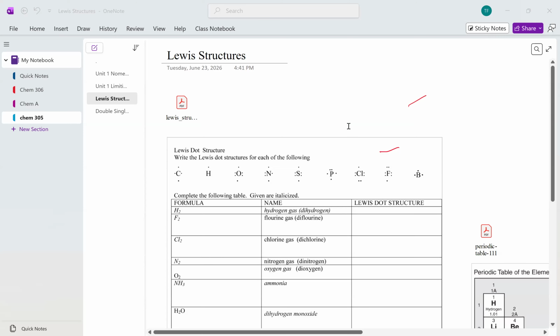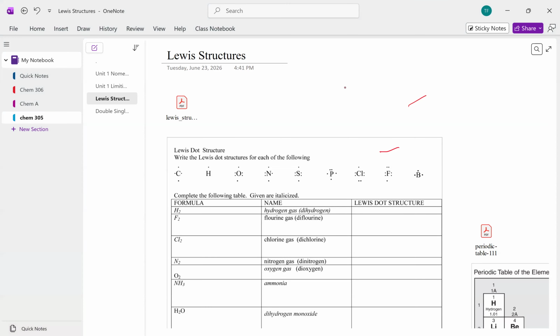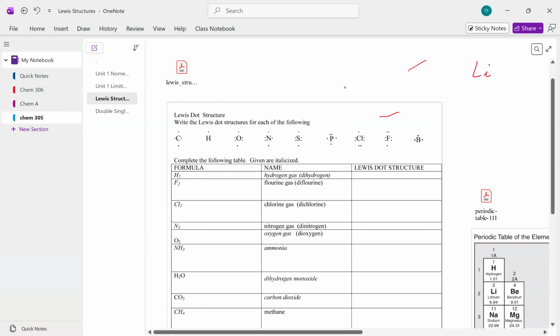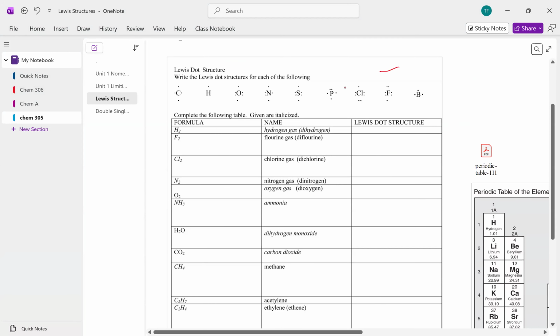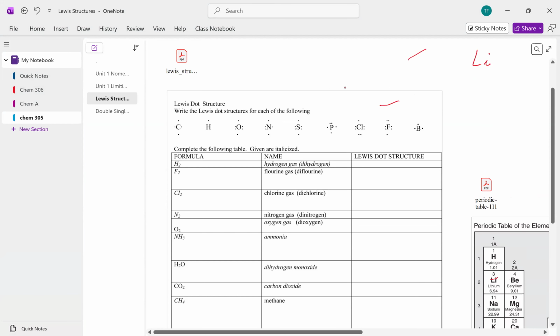Lewis dot structures. Now the dots refer to something called valence electrons. So what are valence electrons? Okay, if we look at lithium on the periodic table here, it has 3 electrons total.